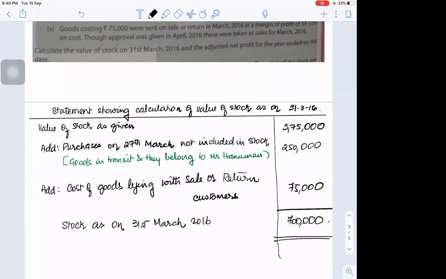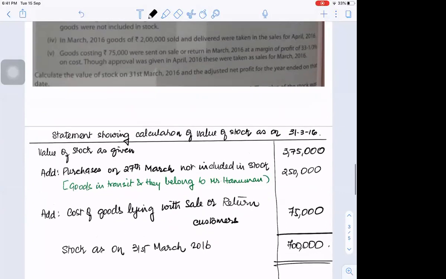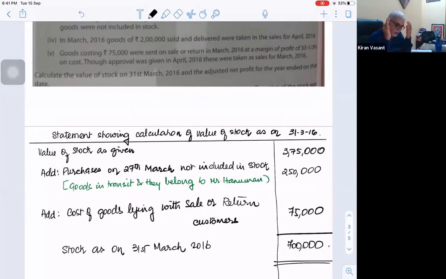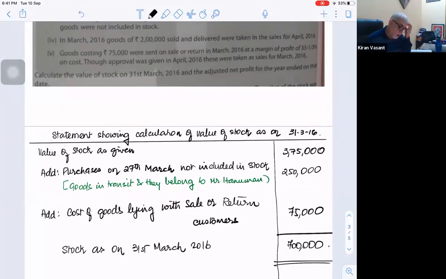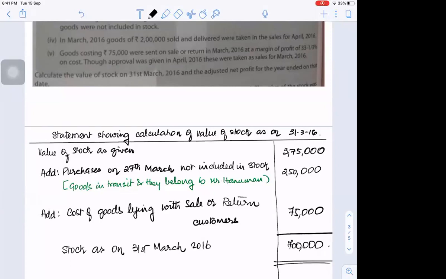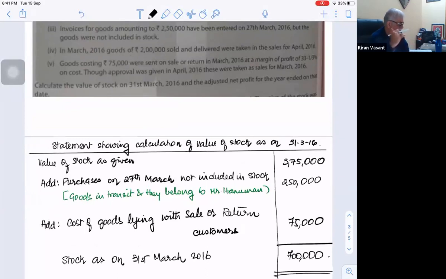So what about the fourth one? One at a time. In March 2016, goods of 2 lakhs sold and delivered were taken in the sales of April.